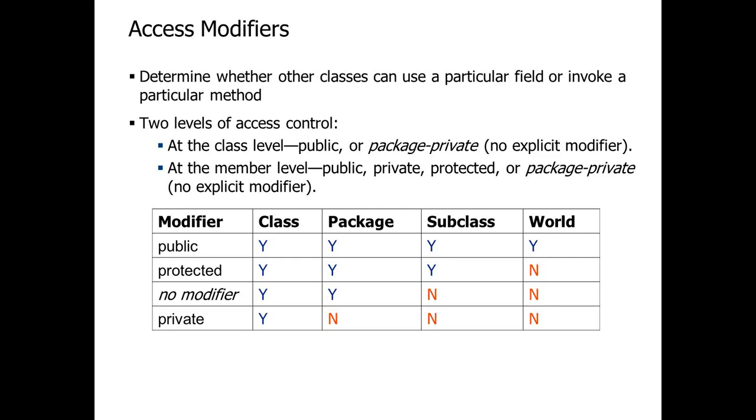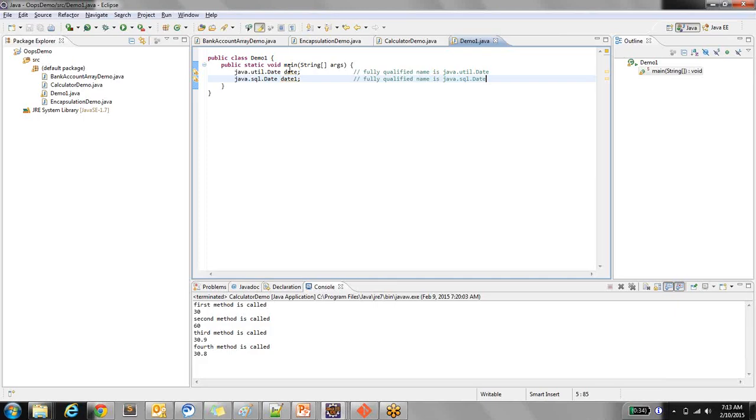Alright. So let me take examples of packages now, and we'll discuss the access modifiers like package, default, package private and all.